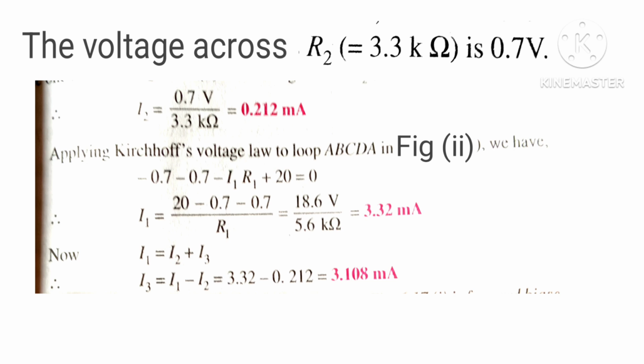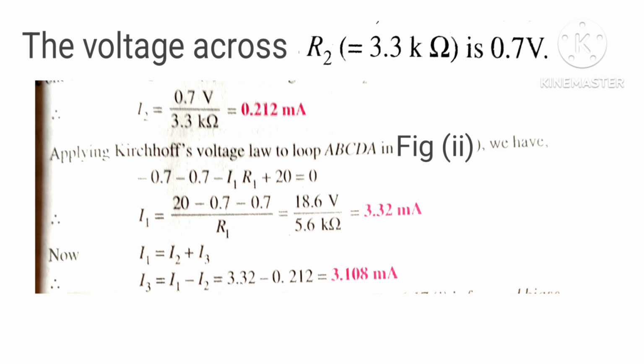Applying Kirchhoff's voltage law to loop A, B, C, D, A, we have minus 0.7 minus 0.7 minus I1 R1 plus 20 equals 0. So I1 equals 20 minus 0.7 minus 0.7 upon R1 equals 18.6 volt upon 5.6 kilo ohm. So I1 equals 3.32 milliampere.